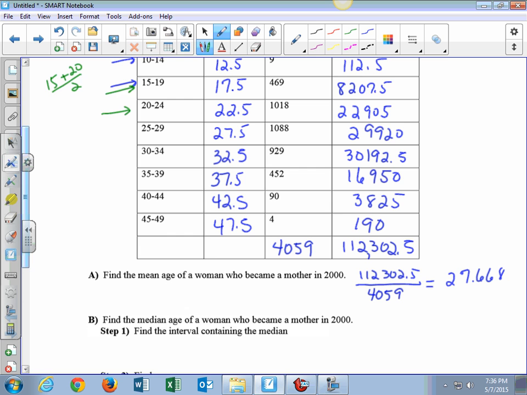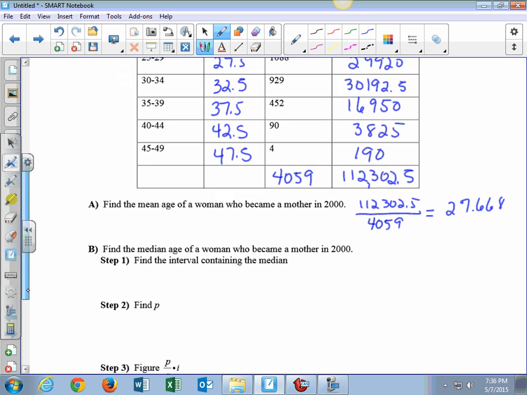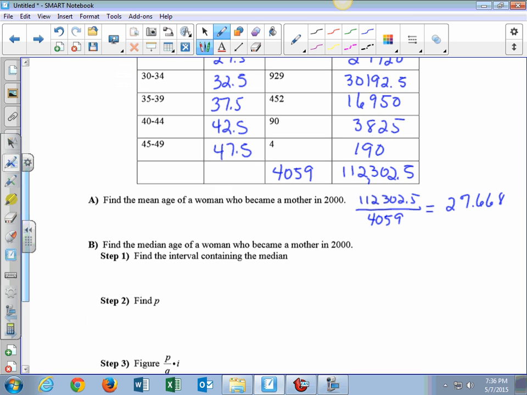Okay, now for the tough part. This is where you really have to start paying attention because it's confusing. To find the median age of a woman who became a mother in 2000, find the interval containing the median. Well, first of all, I have to find the median. To find the median, this is a little hint that's going to work every time. I want to take the total number of frequencies plus 1 and divide it by 2.